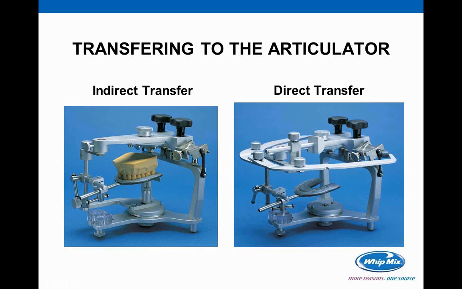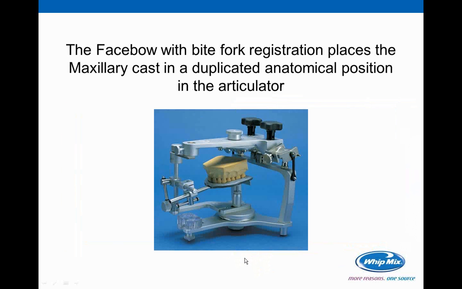We get a lot of questions about which articulator we should use, and it comes back to a large frame articulator that is capable of accepting the Facebow registrations that your doctors are using. We, of course, prefer that you indicate that they use a Whip Mix, a Hanau, or a DENAR articulation system. We think they're the best in the world.